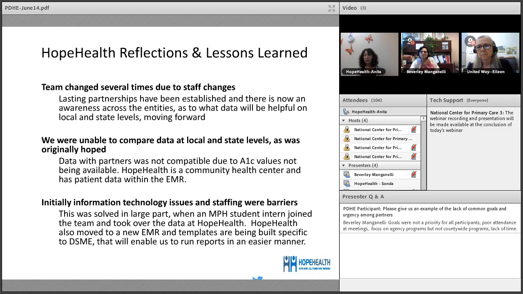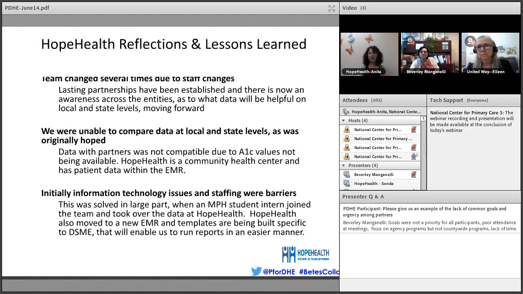We were super fortunate to add another team member, a dietitian who was working on her MPH and just loved data crunching. So she came in and did a lot of work on the collaborative for us. We had some telehealth equipment problems when we first started out, but that's been resolved as well. So, of course, that's the way it goes with technology, right?